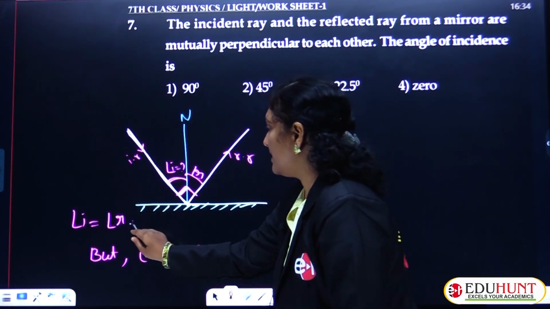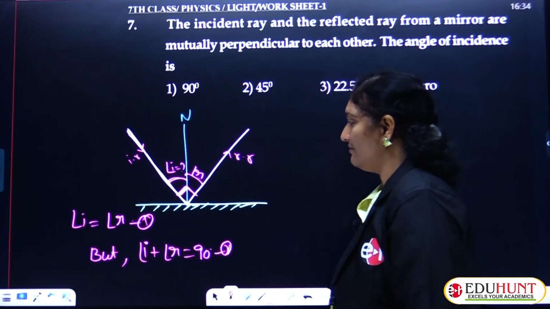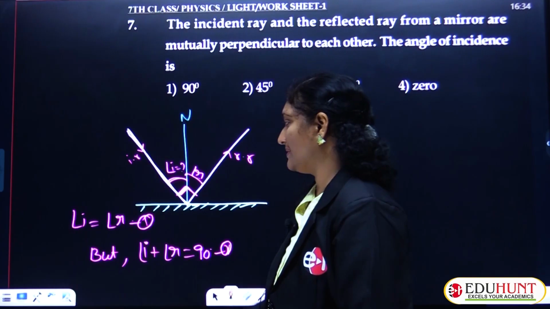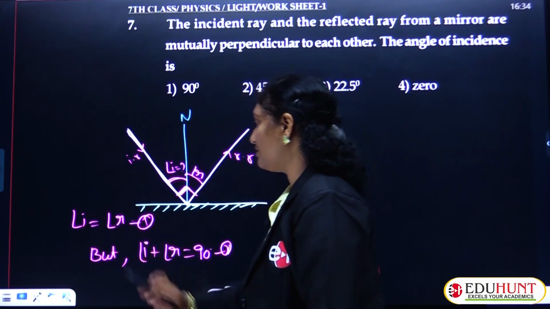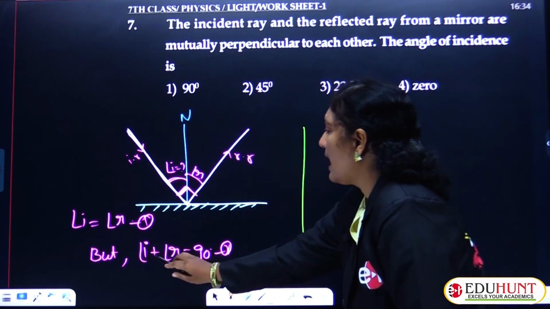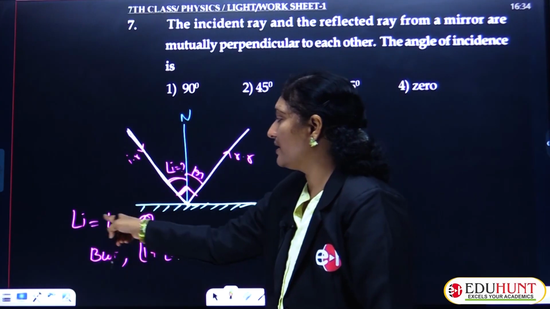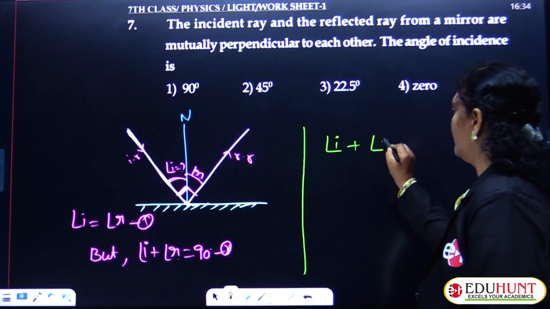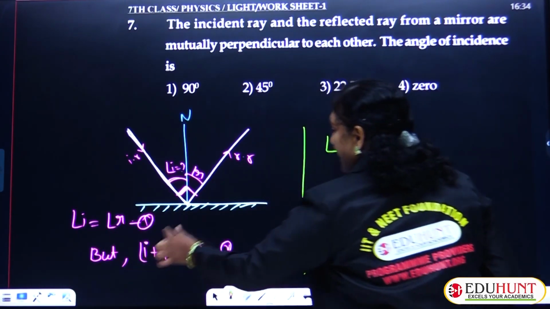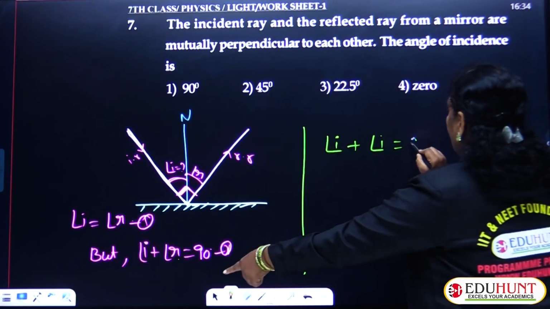But substituting equation 1 in equation 2. Wherever you find I you can replace it with R, or wherever you find R you can replace it with I. Then how much are you getting, children? Instead of R you can replace with I. This I as it is, R is replaced with I, is equal to 90 degrees on the right side.